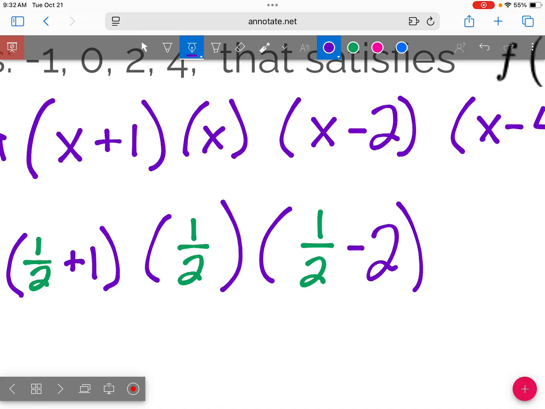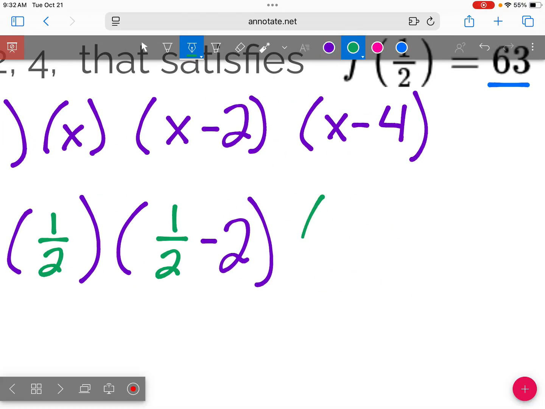And our 1/2 minus 4. Substituting in that 1/2, and holy cow, did that scale go wild halfway through there. Started very small, wound up very large.